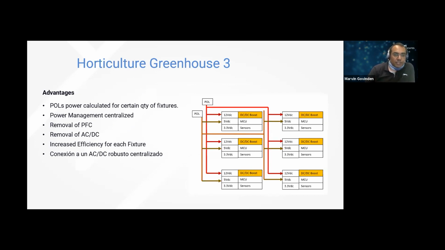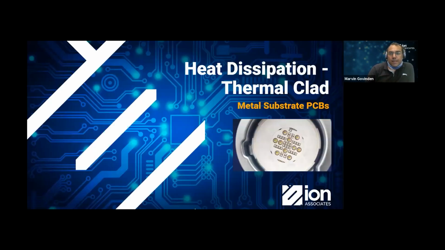We've removed lots of individual stages of PFC correction, and we've increased the efficiency of each fixture as well. So doing this, we've increased the reliability of our whole installation. It's more robust.